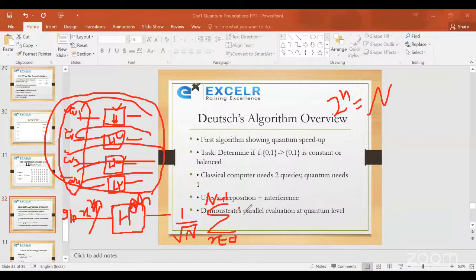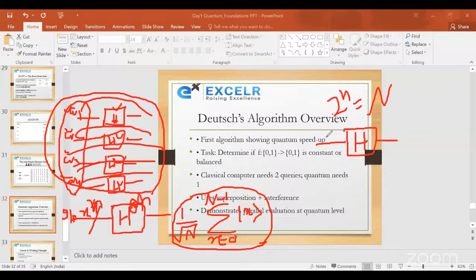Here is the ket of the input, whatever the input, suppose the input is x. Suppose we have seen this input in the Hadamard. The Hadamard gate itself is one order, right? So the tensor product of one order remains the same.